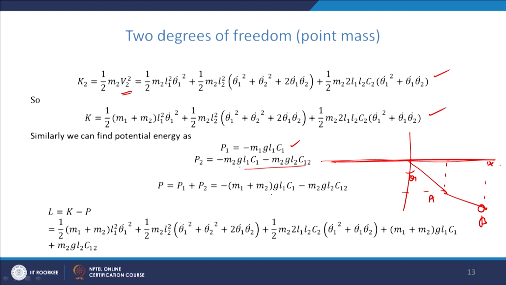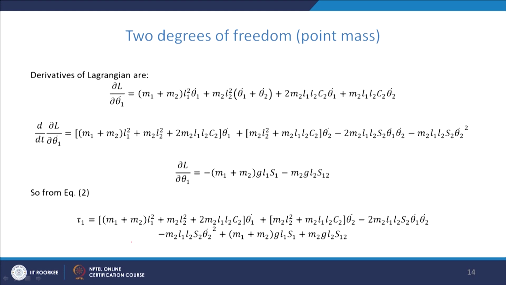So, now the total potential energy is calculated, the Lagrangian is calculated, and then using the equation we have to calculate del L by del theta 1 dot and then del L by del theta 2 dot for the second equation.